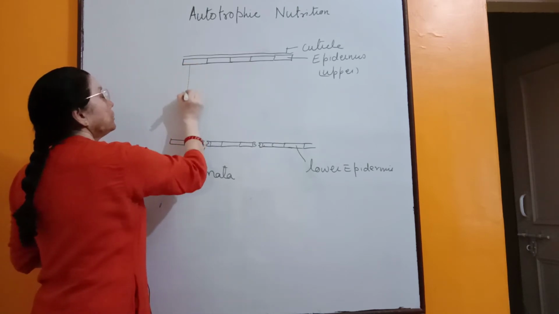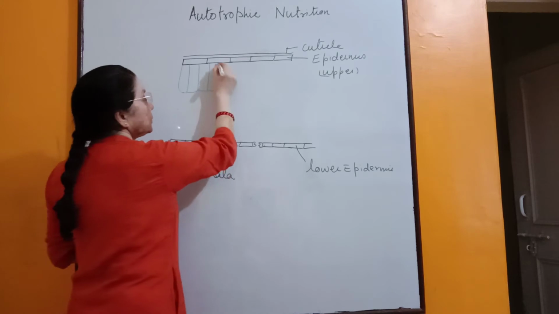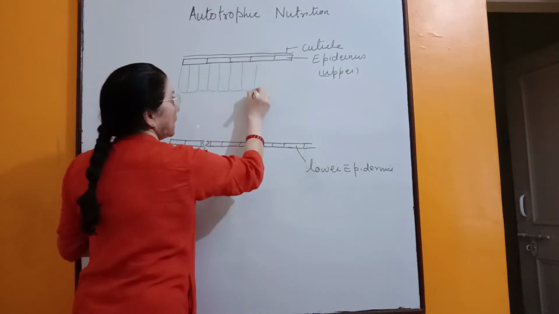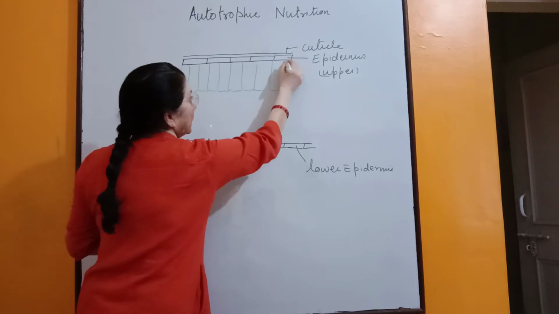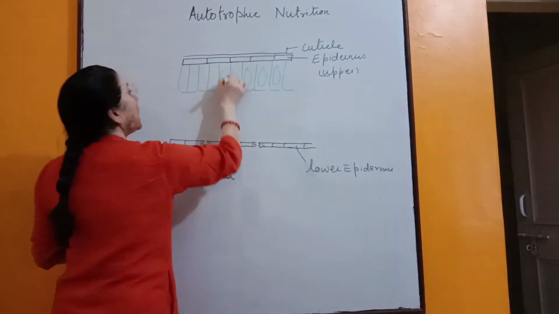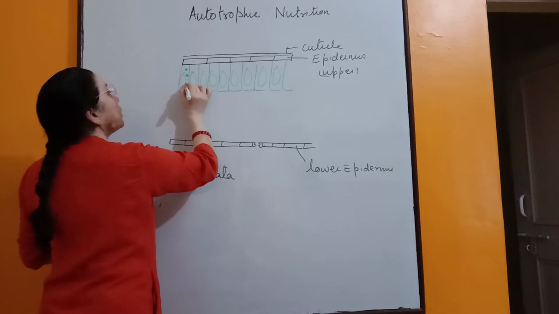In most dicotyledonous plants, the mesophyll tissue has two types of cells. Some of the cells are elongated and have big vacuoles, and stomata is not present.